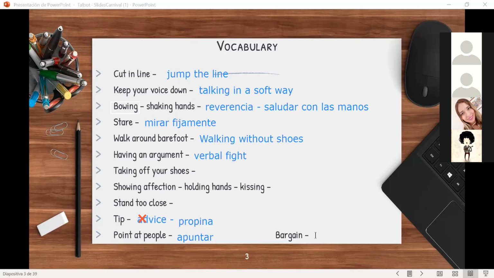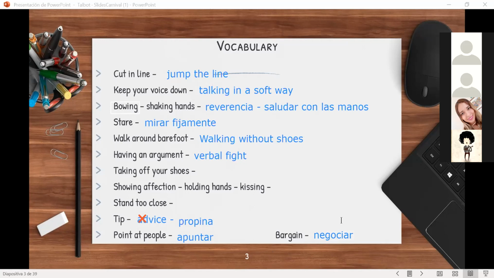And the final word, bargain. Do you know the meaning of this word? Negociar. Yes, that's it. Maybe you could ask why this word is related with manners in this case.